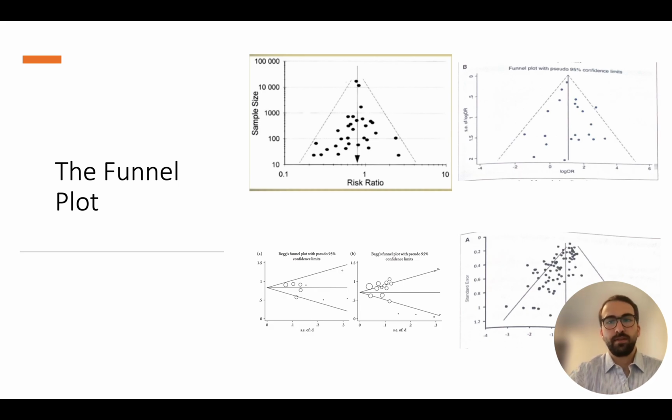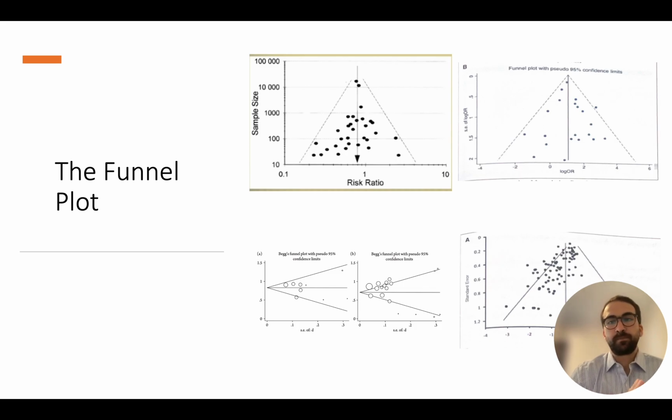A funnel plot is a graphical representation of our data in which the effect estimates are on the x-axis and an indirect measurement of study size, such as standard error, is on the y-axis, and studies are represented as dots. Basically, it's a plot of the variability of the individual studies against the mean effect size. And as we know, the larger the sample size, the lower the variability of a study.